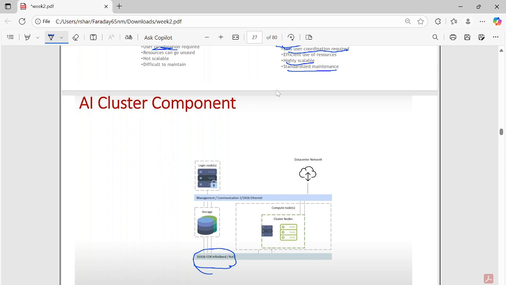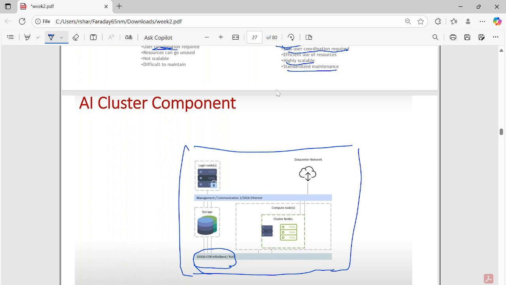This is part of the overall cluster component, so we can communicate faster: not just the computation is faster, but also the communication across the nodes.